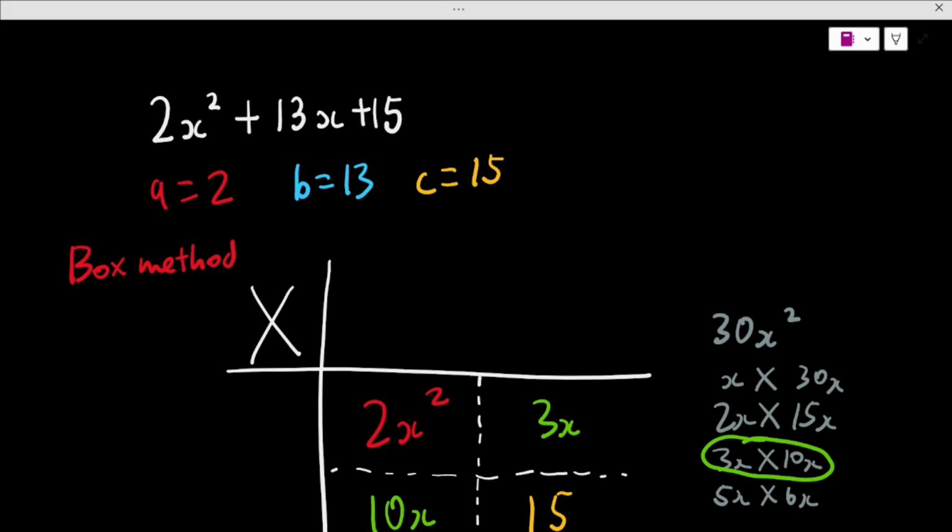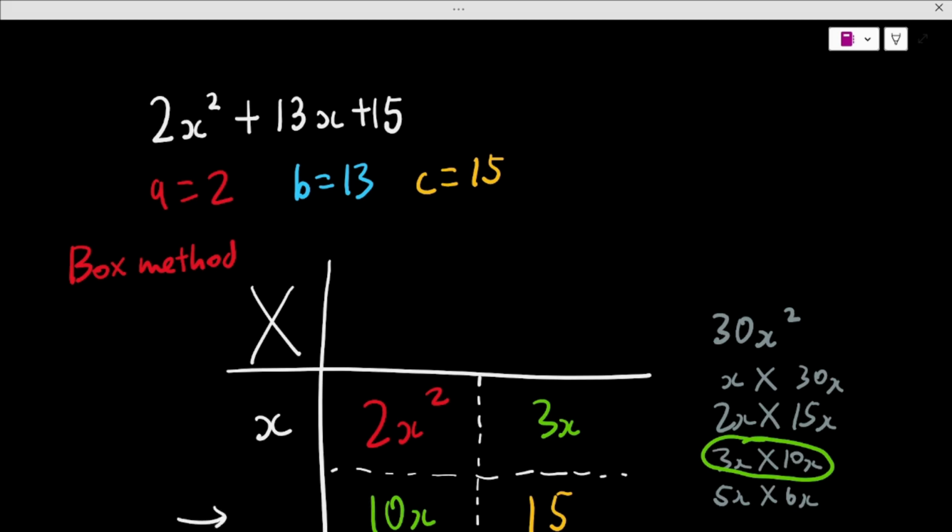Okay, next, look at each row and column. Go ahead and write down the greatest common factor of the two numbers in each row or column. What do I mean? For example, if we look at this row right here, we can see that x is present in both 2x squared and 3x. There is nothing else that is a common factor, so we're just going to write x down.